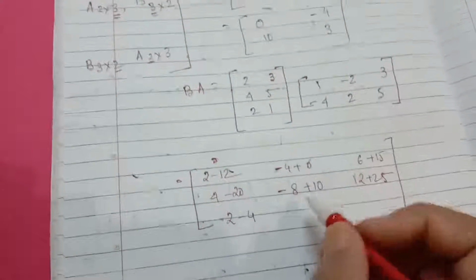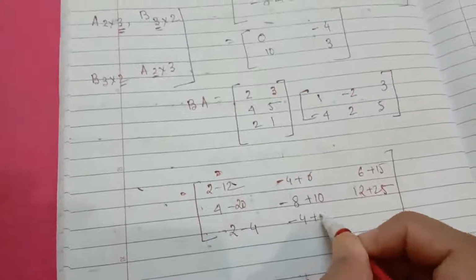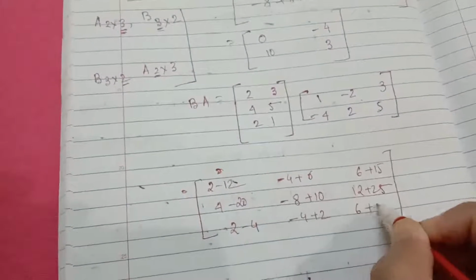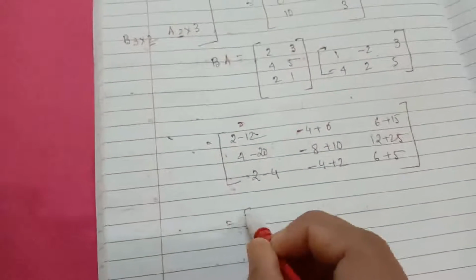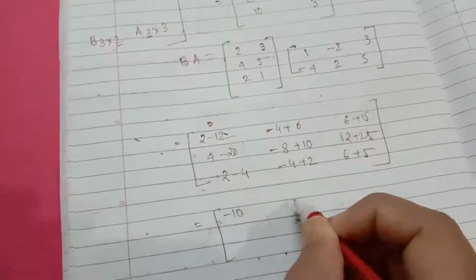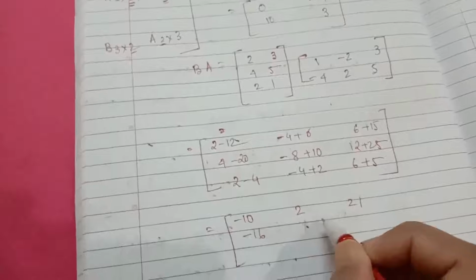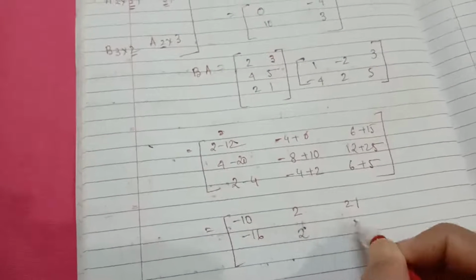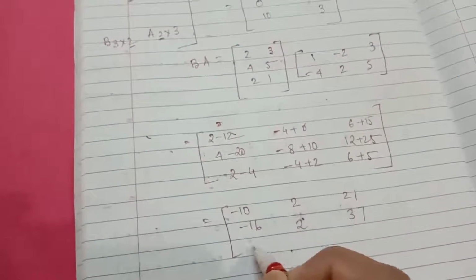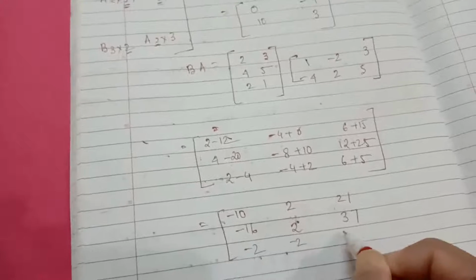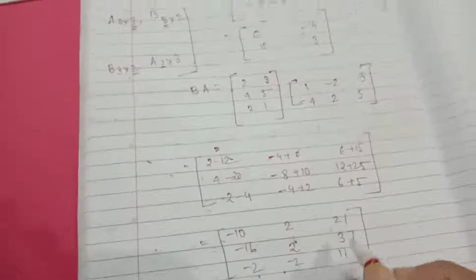Third row, first column. Next, -4 plus 2. This will be 6 plus 5. So this is B into A.